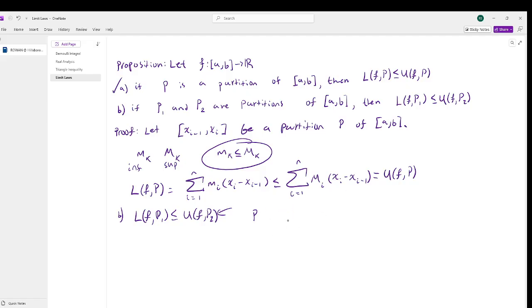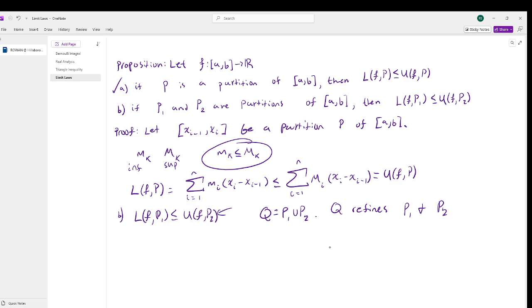So P is a subset of Q. With this loose definition, let's say Q is equal to the union of P1 and P2. That means Q refines P1 and P2.